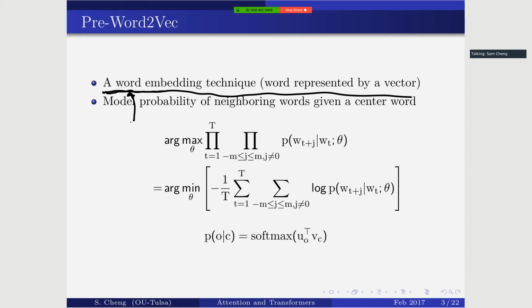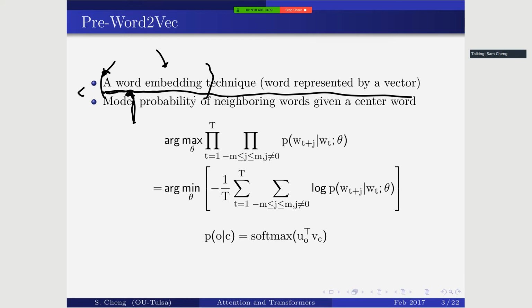I can use a larger window or a smaller window. For example, I can look at the surrounding 4 words, not including itself, like 2 words before and 2 words ahead. Or I can just look at the next word.